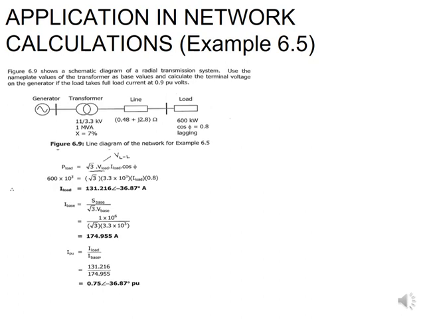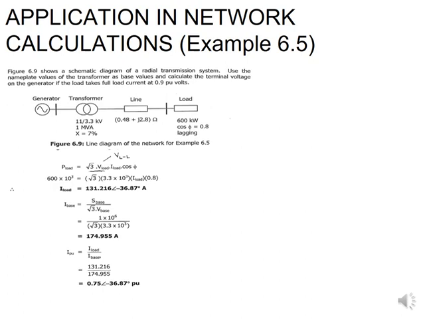Then I need to calculate what my base current is. And my base current is simply my S base divided by the square root of 3 V base. What is my S base? They've asked me to utilize the transformer as my base values. So that means it's 1 MVA. And I divide by the square root of 3 multiplied by 3.3 times 10 to the 3. Again, where is my V base coming from?